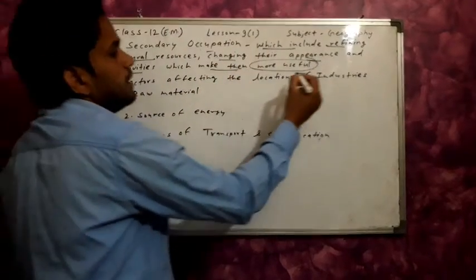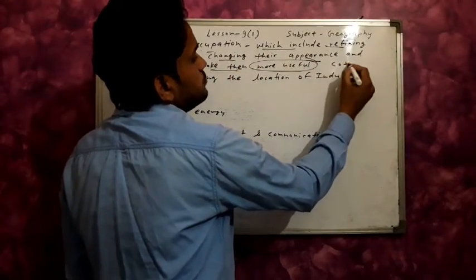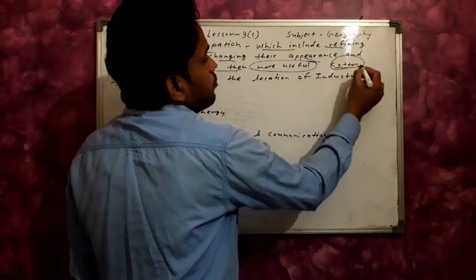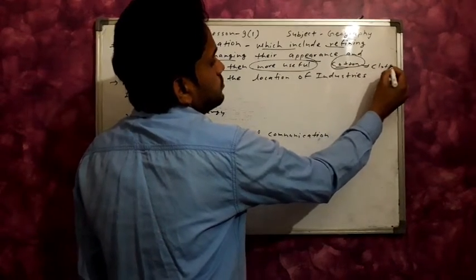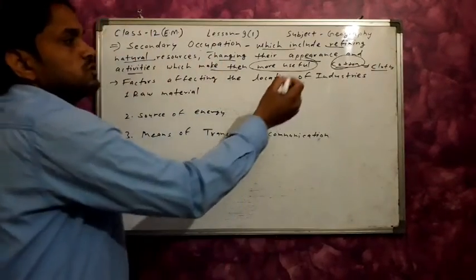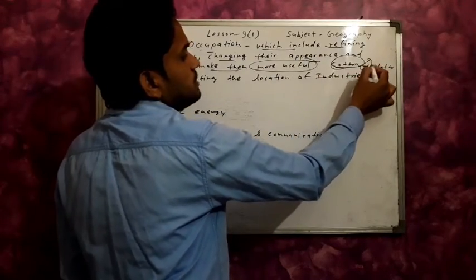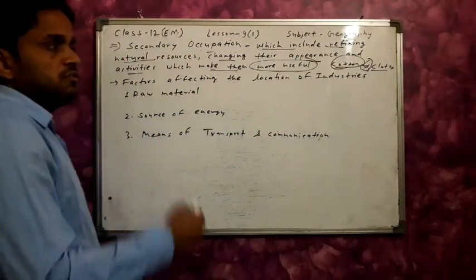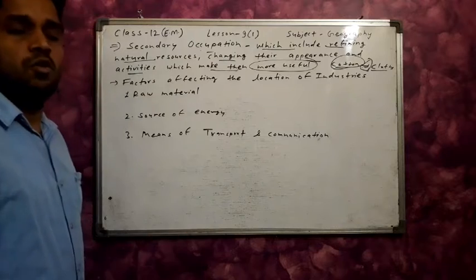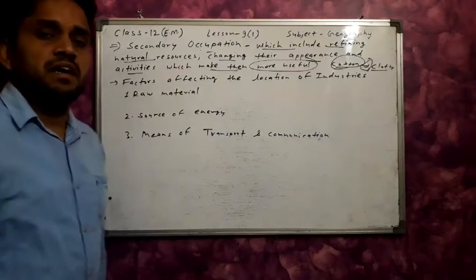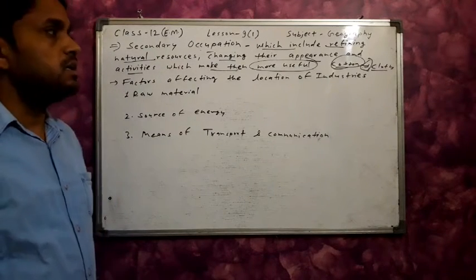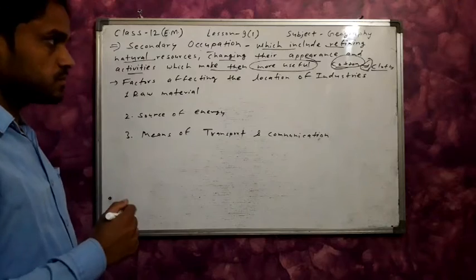For example, by primary activities we get cotton, and the cotton is converted into clothes. All these processes and activities to convert the cotton into clothes are included in the secondary occupation. Clear?